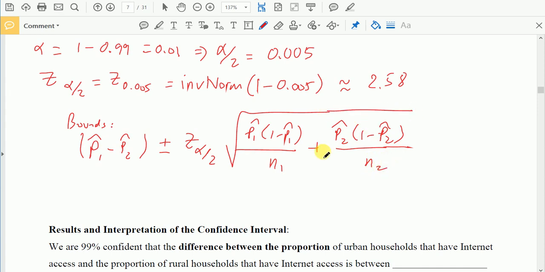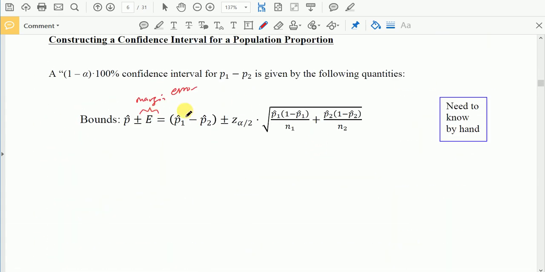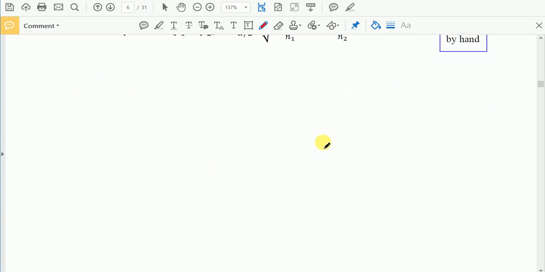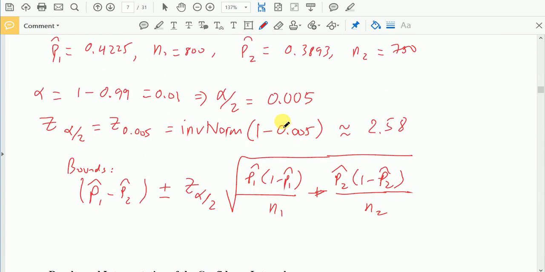And again, these bounds I just apply directly from here, right? Nothing is new at this point. So P1 is this, P2 is this, z alpha over 2 is this, and we have N1 and N2. So all the info are ready for you to plug in.